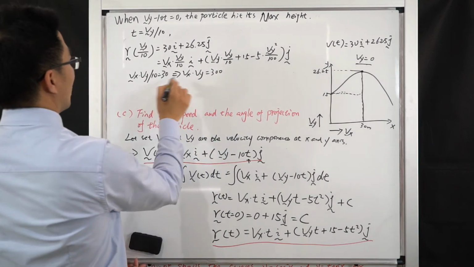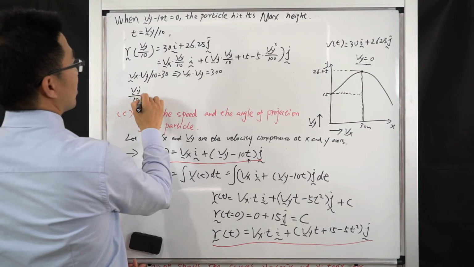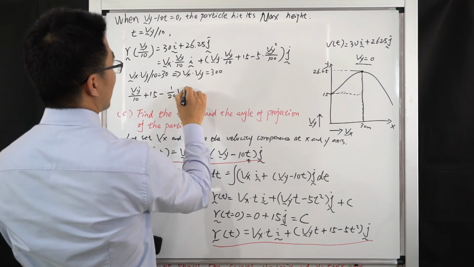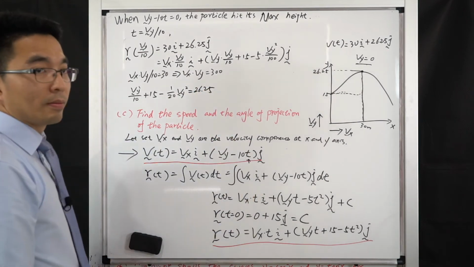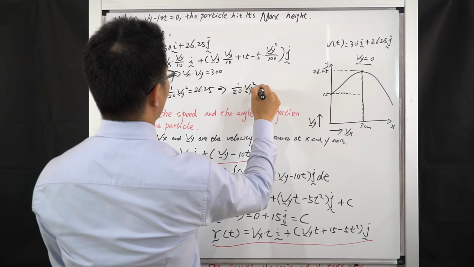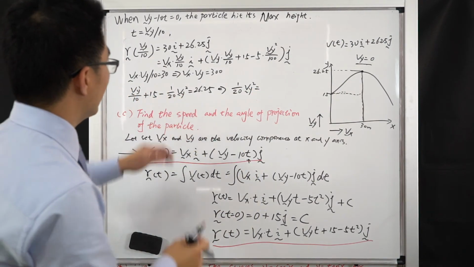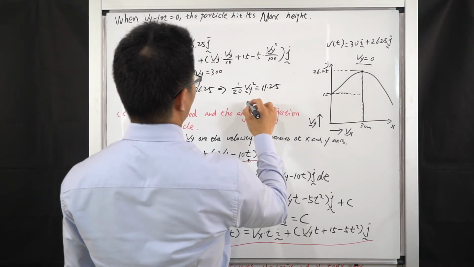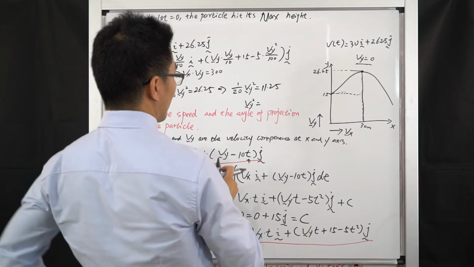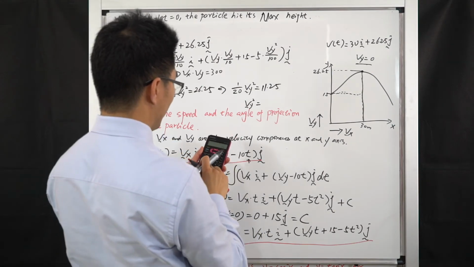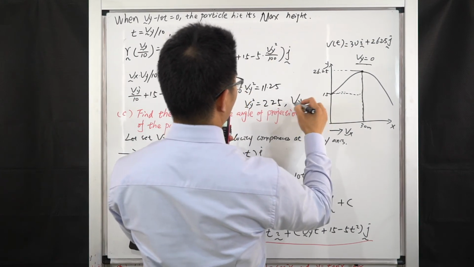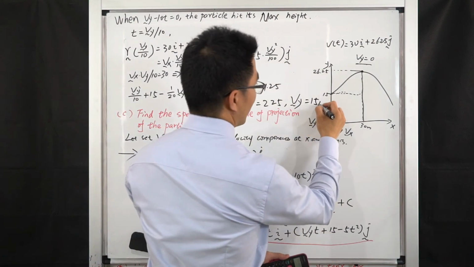So from here, Vy squared divided by 10 plus 15 minus 1/20 Vy squared equals 26.25. Combining these two, we have 1/20 Vy squared equal to 26.25 minus 15, which is 11.25, which means Vy squared equals 11.25 times 20, which is 225, which means Vy equals 15.